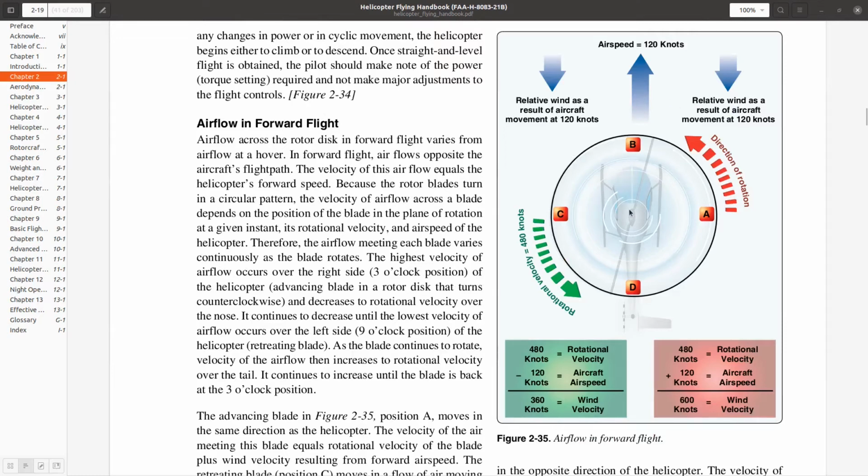Other things that happen in helicopters. When I look at the airflow, the advancing blade, basically the right side here, has a higher airspeed than the other blade. The retreating blade is what we call it. So here they're saying, all right, you're going 120 knots. So the relative wind from the aircraft movement here is 120 knots. And for this side, it's 120 knots, but it's behind, going away from the rotor.